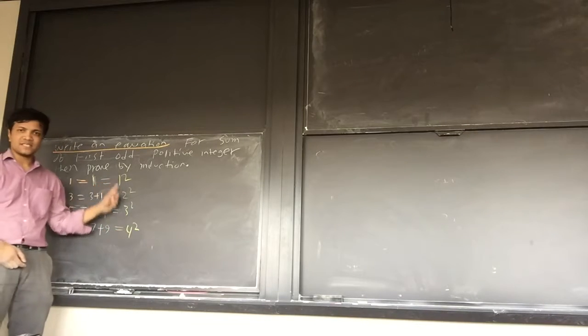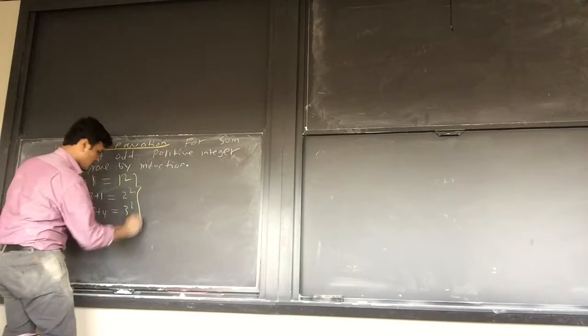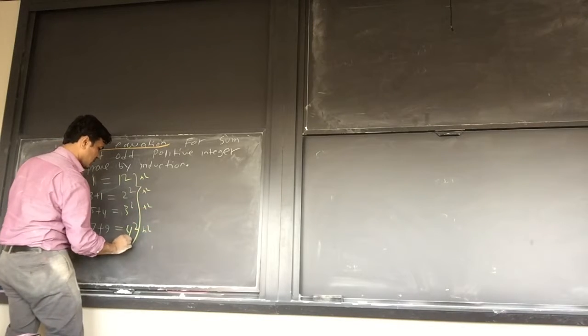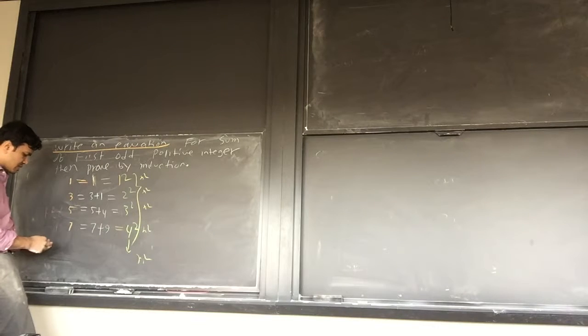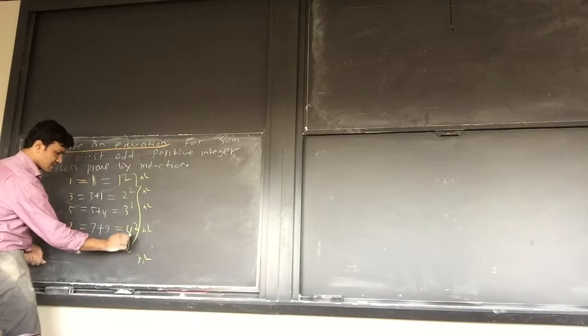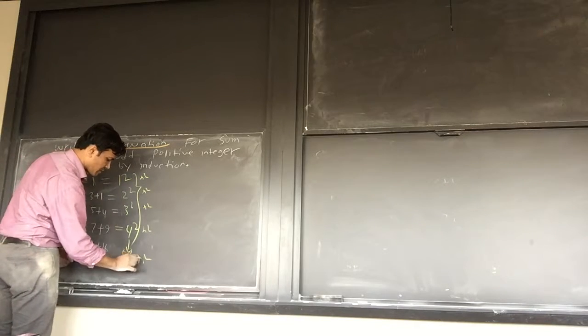So we see the pattern. So that must be n squared. So this is n squared, this is n squared, this is n squared, this is n squared, and the next one has to be n squared. Let's check. The next odd number is 9. So 9 plus 16 is 25. 25 is 5 squared.